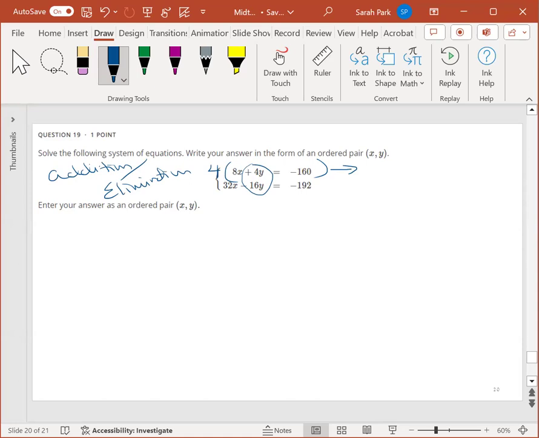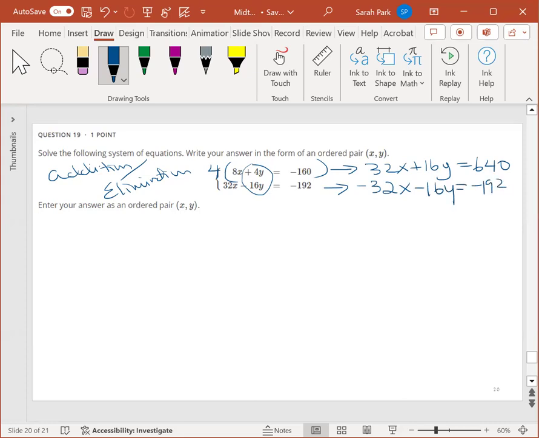That'll give us 32x plus 16y equals, let's see, this will be 640. And then the equation down here, I'll just copy: 32x minus 16y equals negative 192.